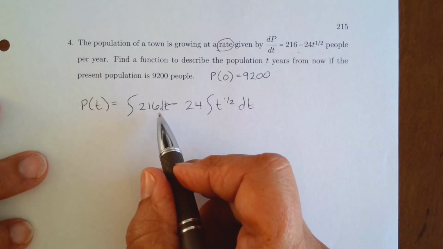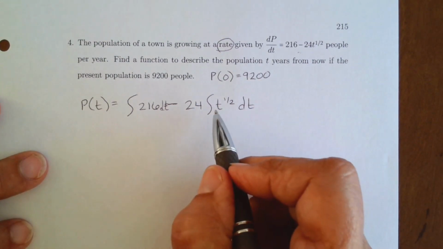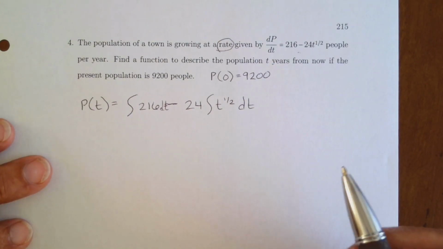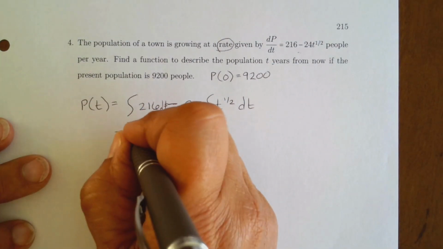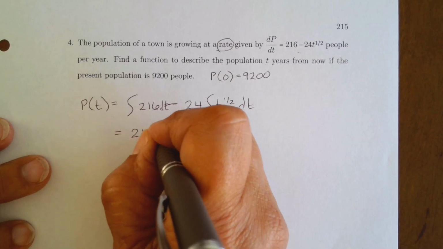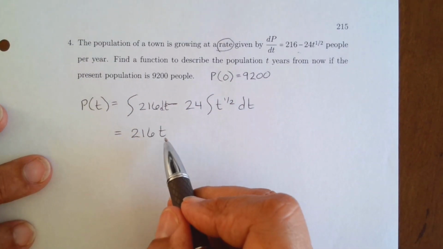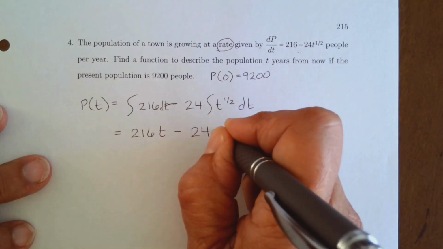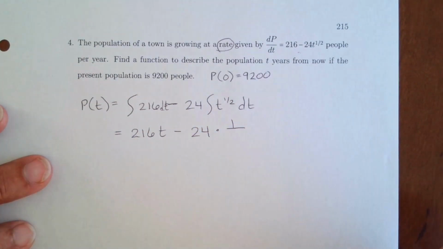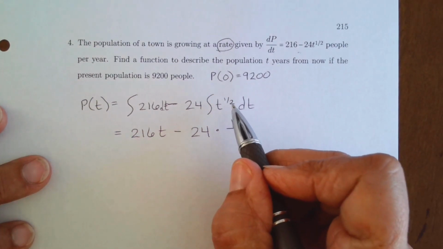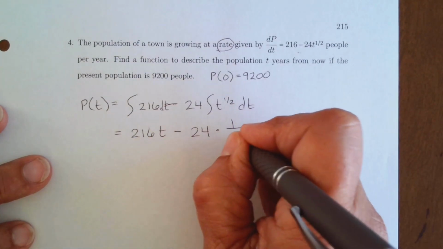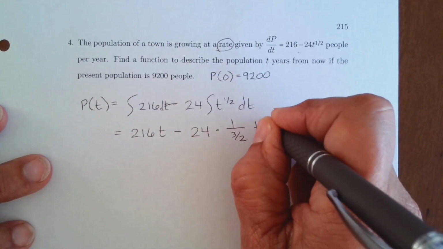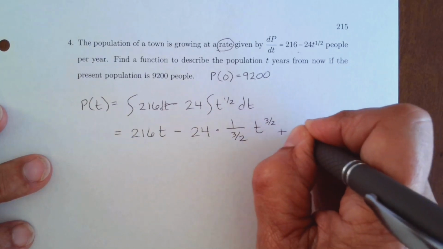Integrate 216 with respect to t, and t to the 1/2. This is just 216t, since for a constant you tack on the variable. And then 24 times 1 over what? We add 1 to 1/2, and you get 3/2. So that would be t to the 3/2 plus c.